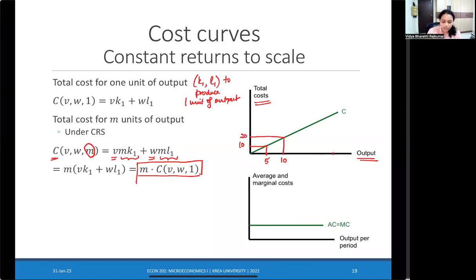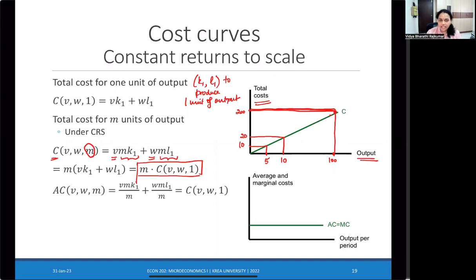If I were to increase my output by say 20 times, my costs would also go up by the same proportion of 20. So therefore it will have a constant slope. So that's your total cost function.